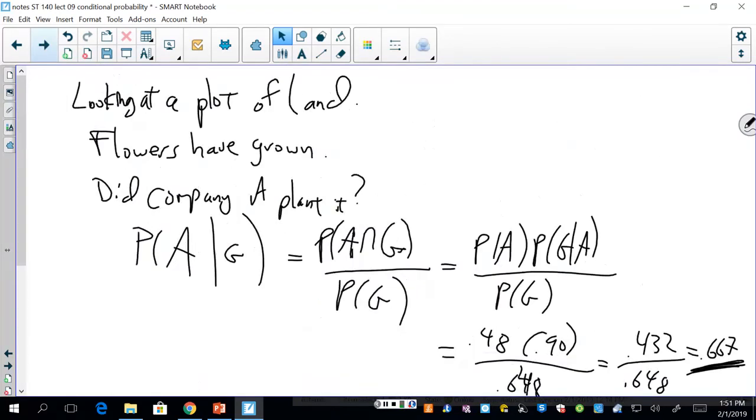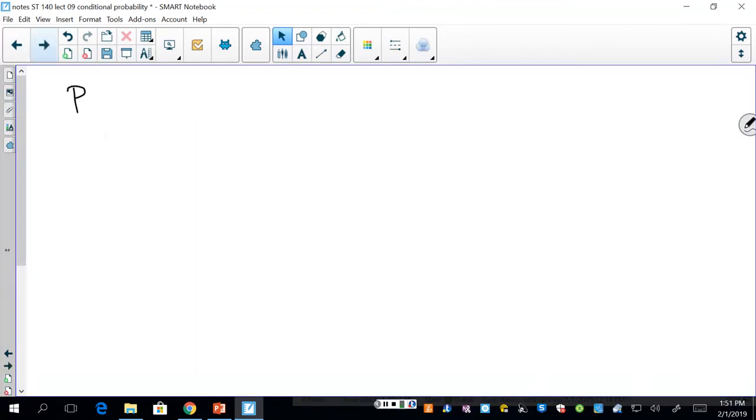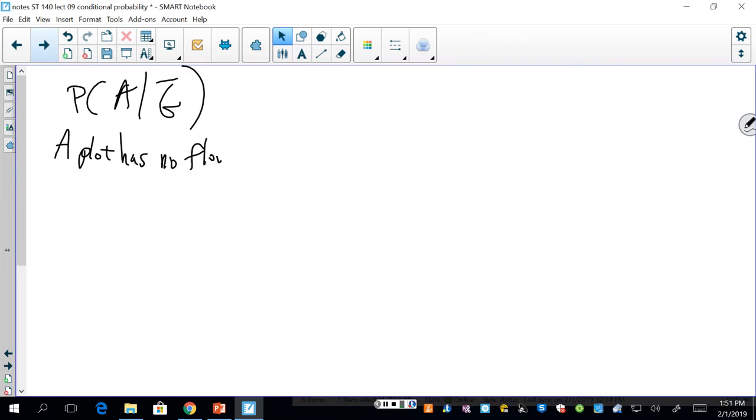What's the chance that it's A if it's not growing? So the story for this: a plot has no flowers. Is company A responsible?